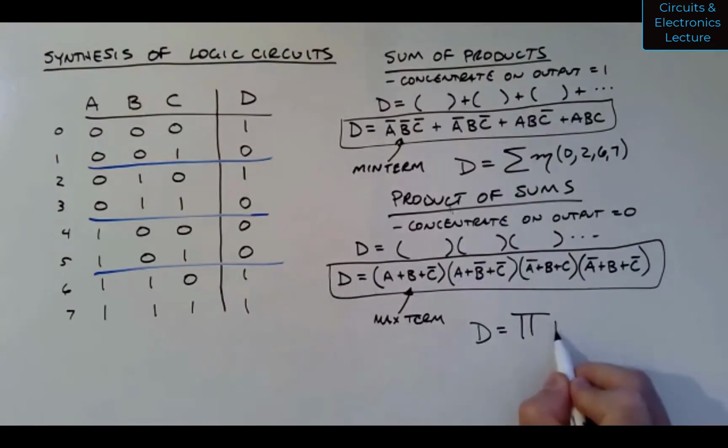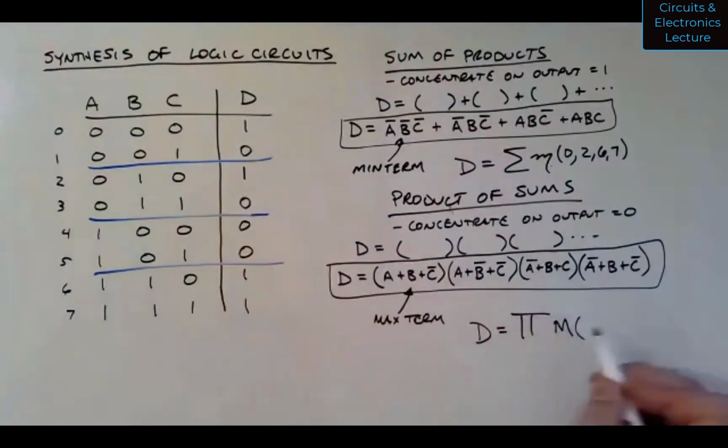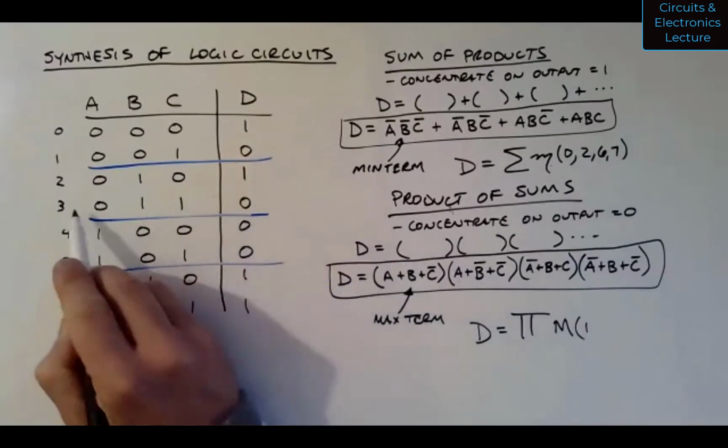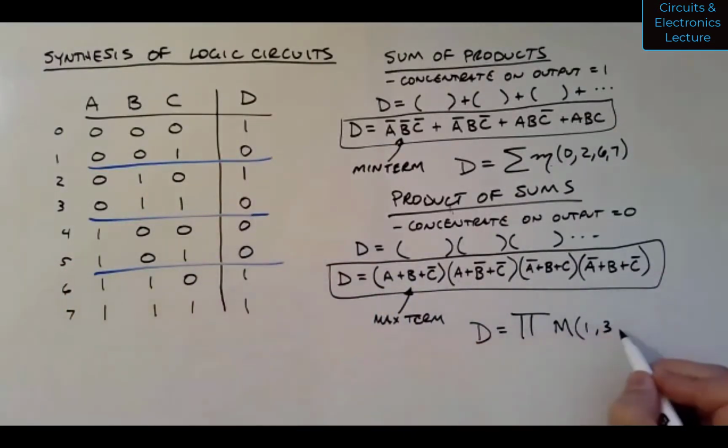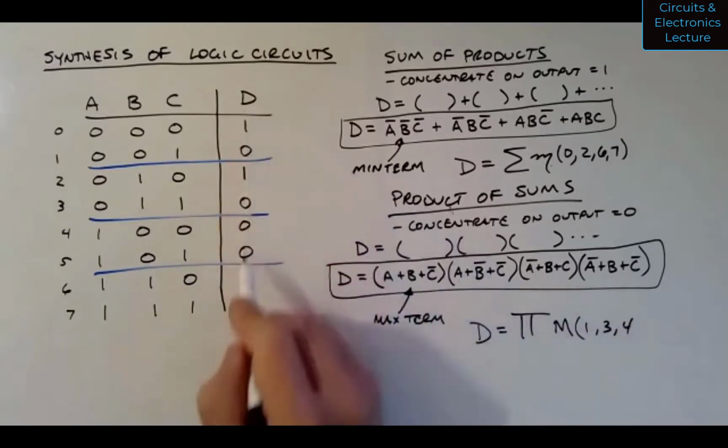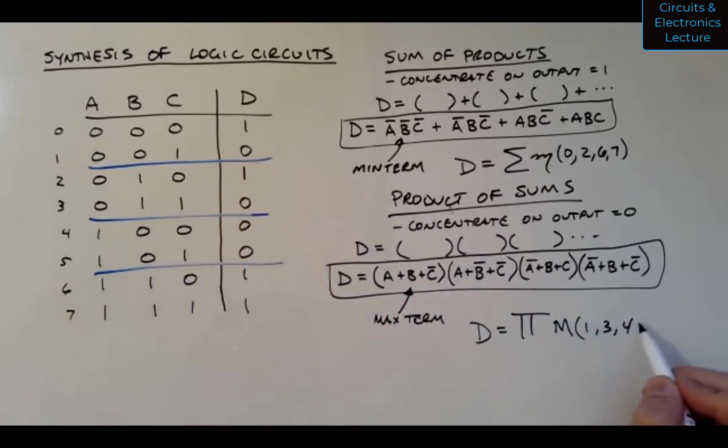You're multiplying together. This is a capital M, this is a script M. Let's see, 1, 3, 4, 5. So that's how the book's going to show the answer.